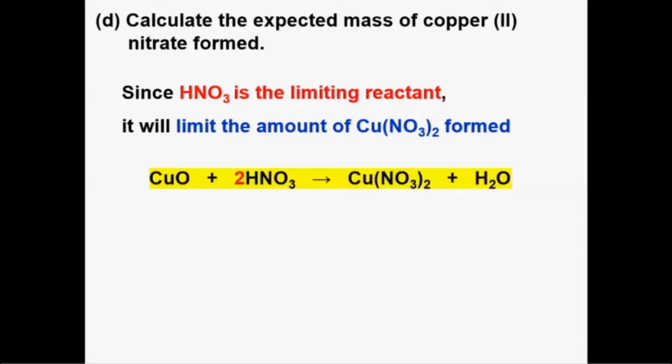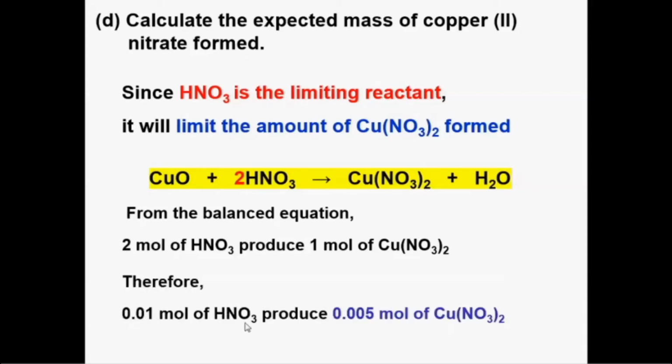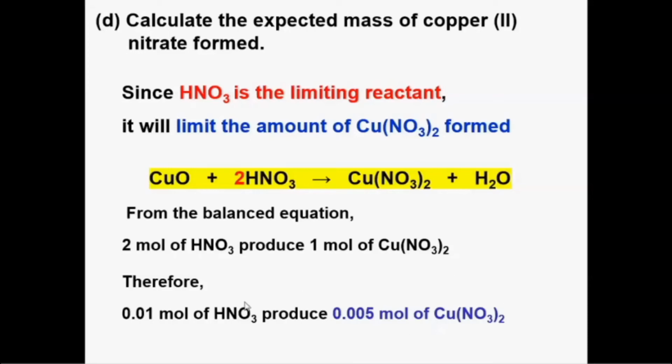From the balanced equation, we know that 2 moles of nitric acid produce 1 mole of copper II nitrate, but we don't have 2 moles of nitric acid in this reaction. We only use 0.01 mole of nitric acid, so therefore it should produce 0.005 moles of copper II nitrate. And this is the moles of copper II nitrate produced in this reaction.